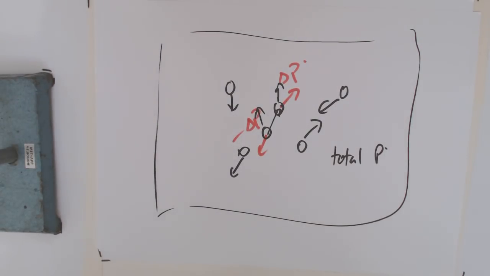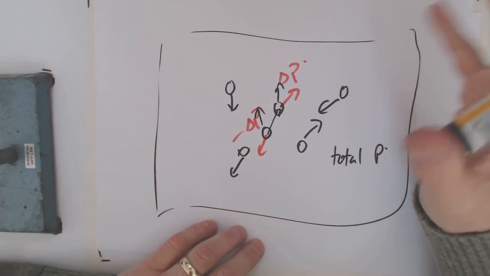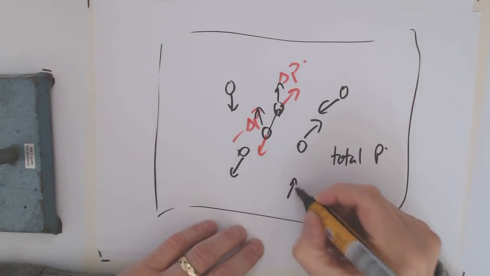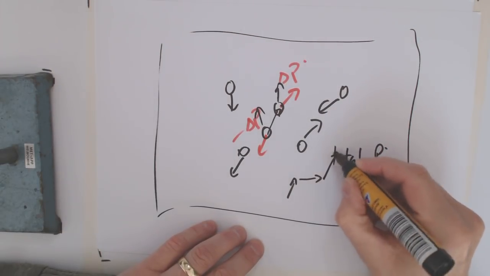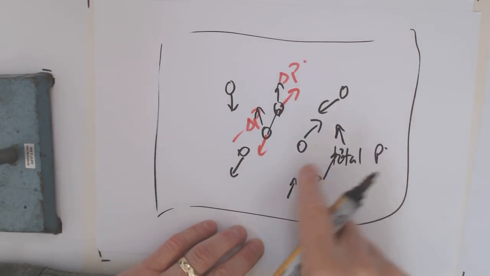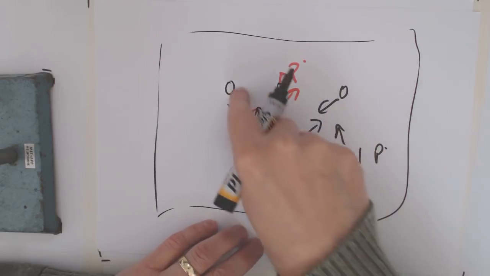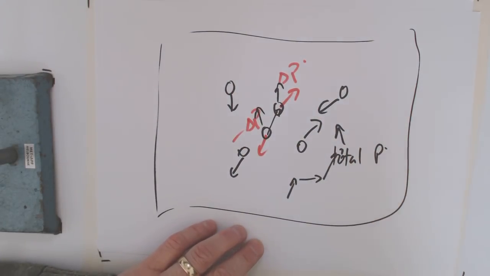And remember, momentum's not just a speed, it's directions too. So to add up all the momentums, you would have to add up all the little vectors in the whole system. Can you imagine this little chain of vectors for millions and millions of atoms? It would be in 3 dimensions, right?